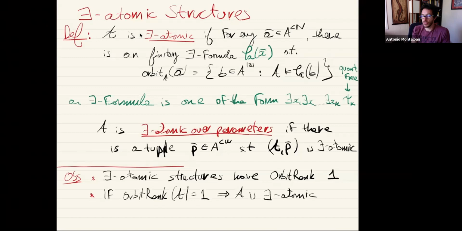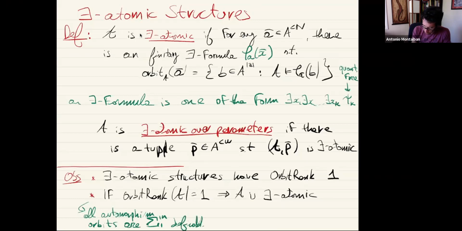And what's the reason for this? Let me just tell you what the reason is. The orbit rank being 1 means that all isomorphism orbits are infinitary sigma 1 definable.